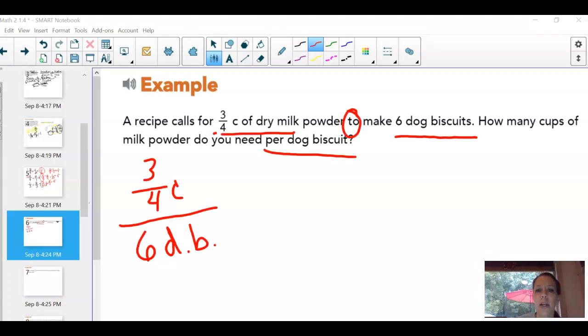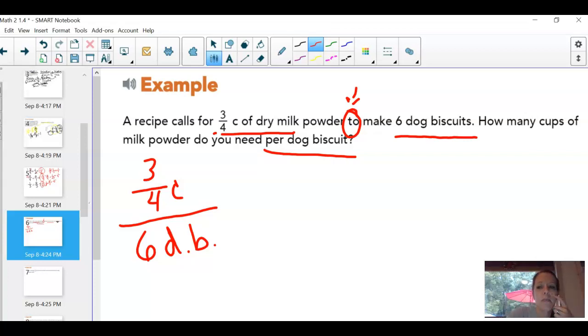Okay, did you set it up correctly? You should have written 3/4 cups of dry milk powder. Notice I circled 2 so I can see where my ratio is going to be built around, and 6 dog biscuits. So that'd be 3/4 cups over 6, I just abbreviated dog biscuits as DB. How many cups of milk powder do I need per dog biscuit?